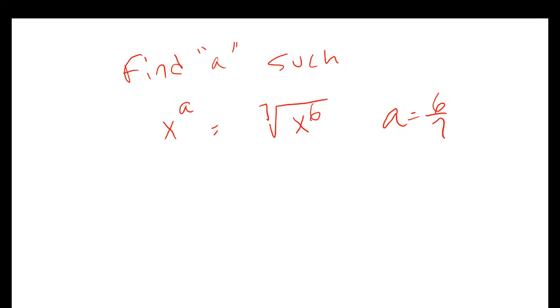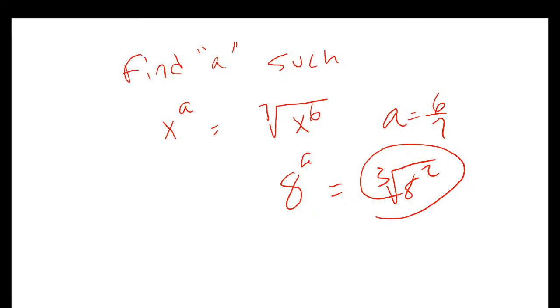I don't understand that one. Well, so here's the thing. When we did 8 to the 2/3, you understand that that's the cube root of 8 squared, right? Yes. So my question is this. If I gave you this, what exponent would you use there? 2/3.